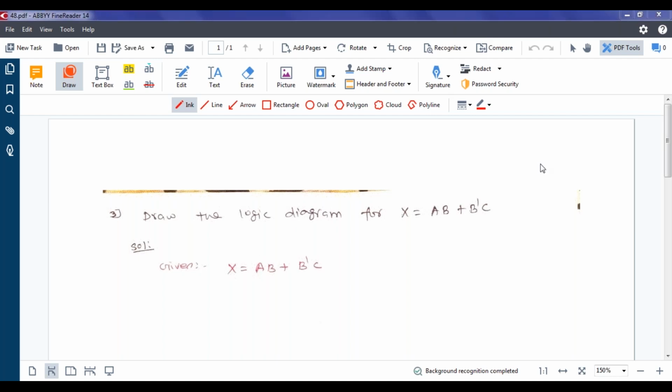Okay, I am giving a chance to you. Anyone unmute and tell me how we can implement this Boolean expression with logic gates.